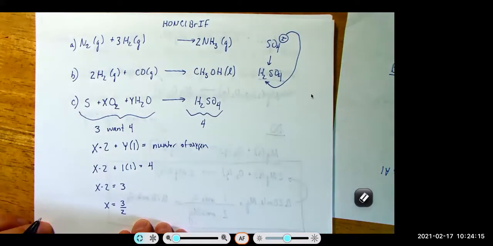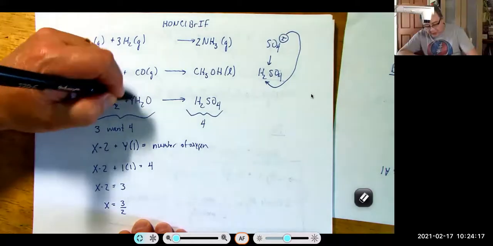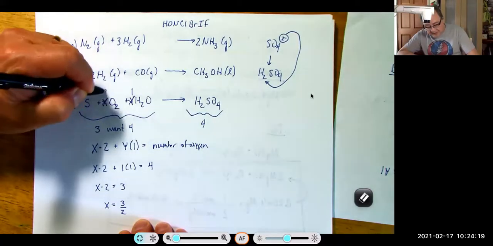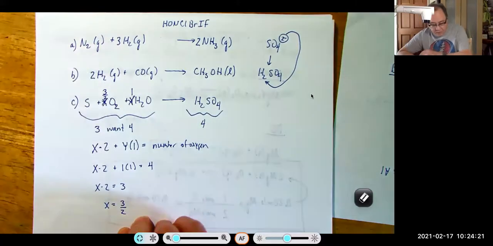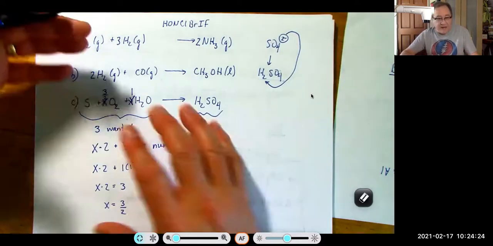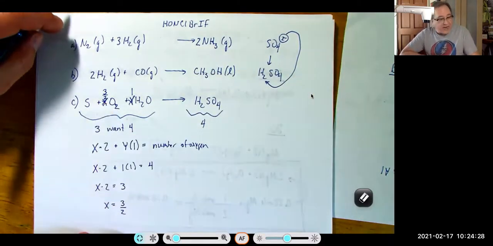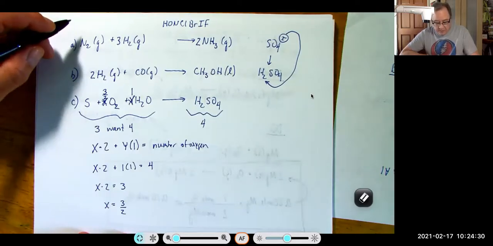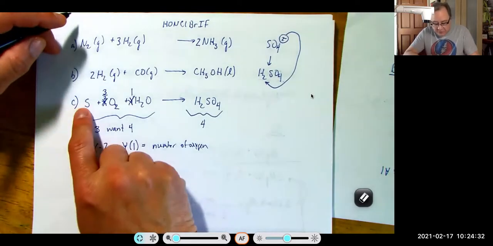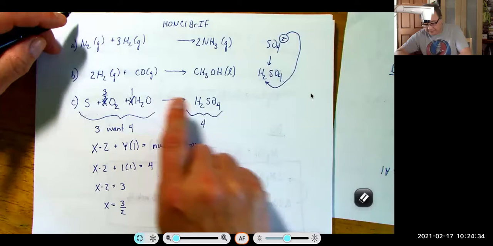Okay, so let's try that. We're going to keep this as a 1, and this is going to be a 3/2. Now, when you see a balanced reaction with a fraction in the coefficient, you don't like it. But remember, they're just ratios. This means 1 to 3/2 to 1 to 1.